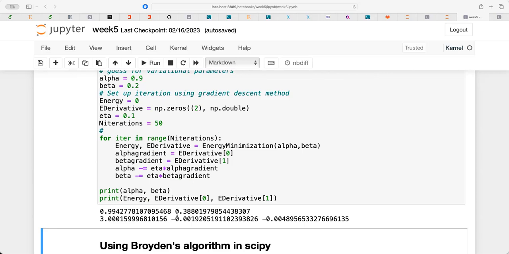So every time you run this, depending on your starting point, you will always get a slightly different result. That means that what you need to do is to run this several times and then take the average of the energies which you get. Every time you run this, you have to think of that as a numerical experiment.